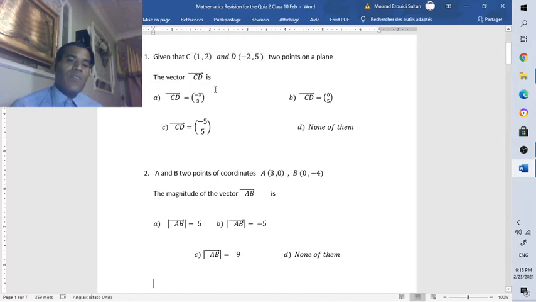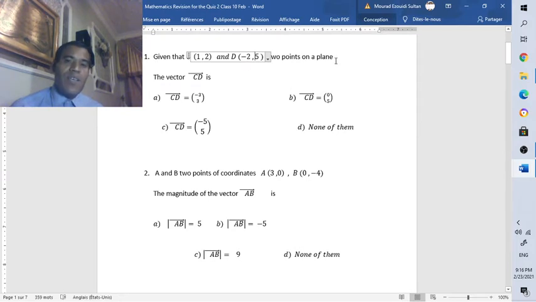In order, my learners, to figure out the vector CD, you will label this as y2, and this one as x2, and this one y1, and this is x1. Then you will make y2 minus y1, then x2 minus x1.